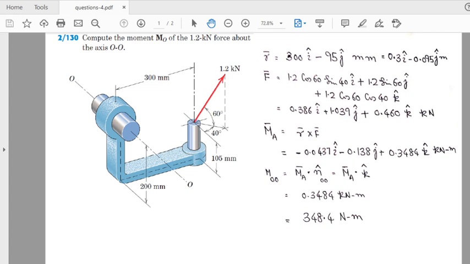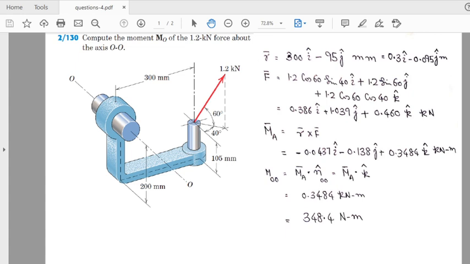And for this projection, another angle is given to us in the horizontal plane. It is making an angle of 40 degrees with the z-axis, say line OO, which we have selected. It is parallel to line OO, which we have taken as the z-axis. So 1.2 cos 60 into cos 40 is going to be along the z direction.